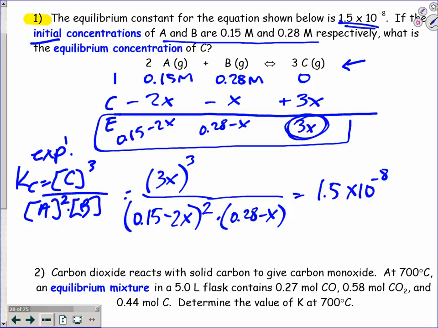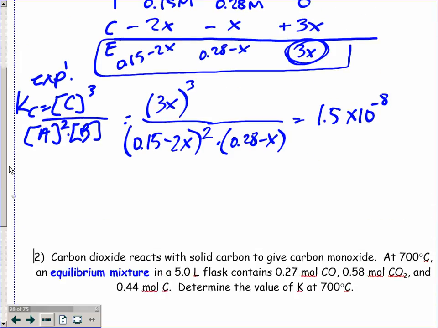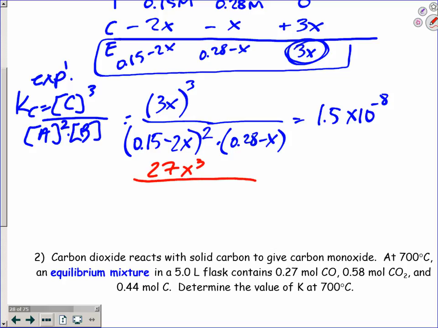Let's simplify everything. 3 times 3 times 3 is 27x cubed, divided by the squared term, and then you'd have to FOIL.